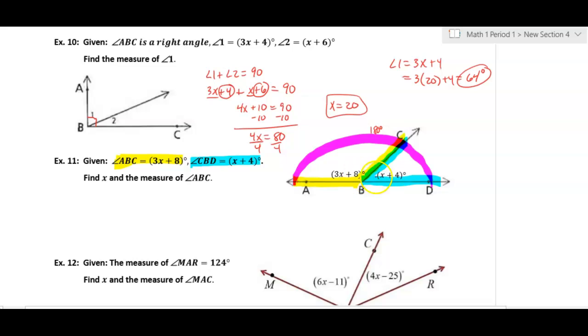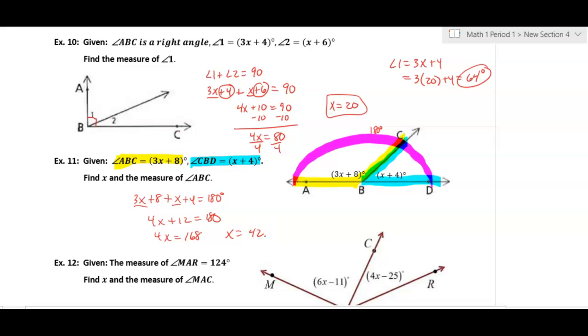So right away, what do these two angles have to add up to? Well, 3x plus 8 plus x plus 4 adds up to 180 degrees. So 4x plus 12 equals 180. 4x equals 168. When I divide by 4, 168 divided by 4 is 42. X is going to be 42.